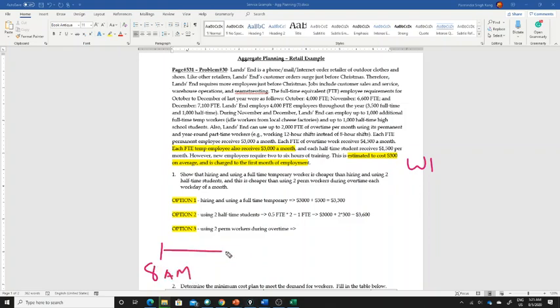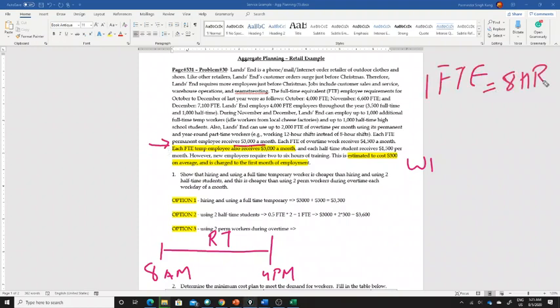So from 8 to 4 p.m. he is on the regular time, and when he's doing the regular time, the permanent employee receives $3,000 a month. It's representing an 8-hour shift, right? And it is given here that each FTE of overtime receives $4,500 a month, right? So 1 FTE during overtime is receiving $4,500.